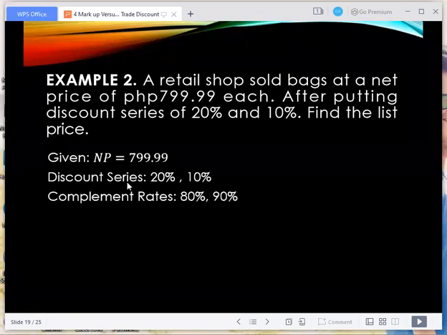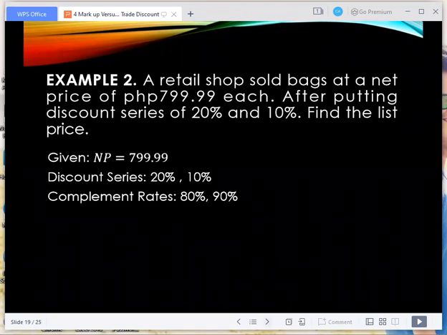That is 100 minus the discount rate converted into decimal. So 100 minus 20, you get 80. Convert it into decimal, you get 0.8. Or it is just the same as 1 minus 0.2. You get 0.8.